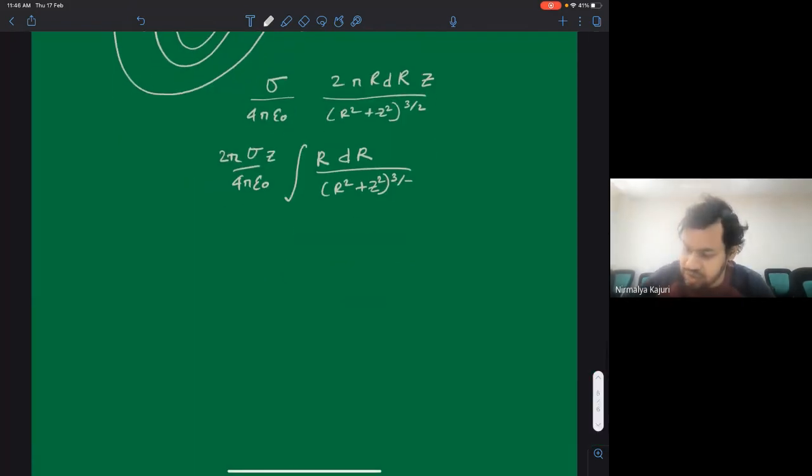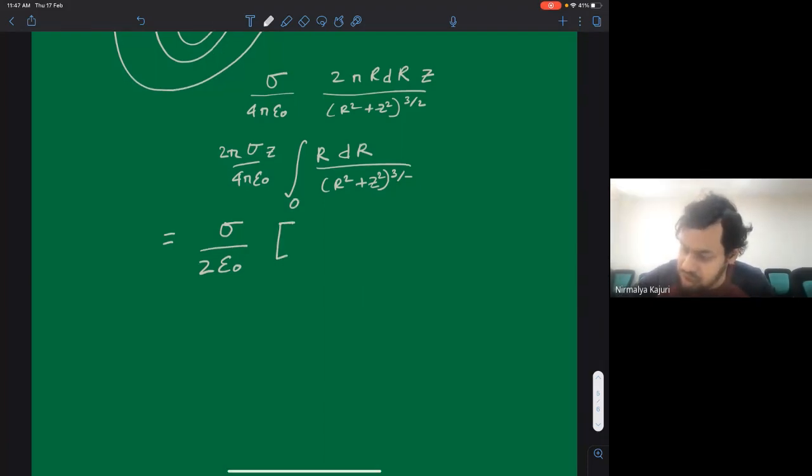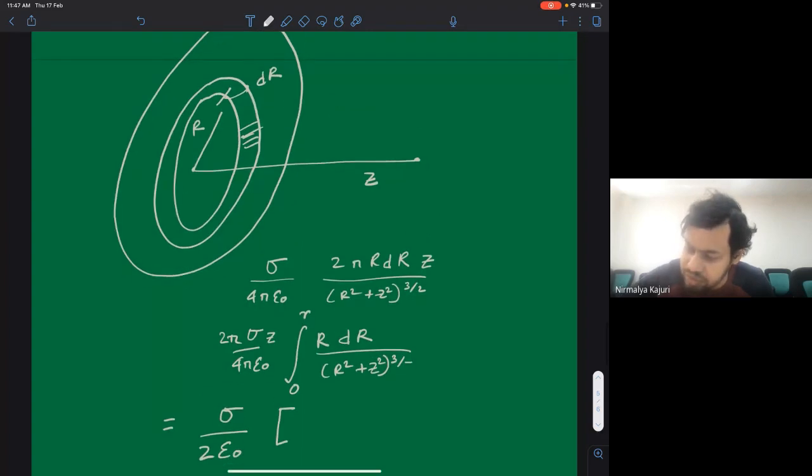And so this integral, I will not do, because integrals are something that one should do in the privacy of their homes, not in public. And so this answer, I have it written here. So this is from 0 to R. R is the full radius of this object.